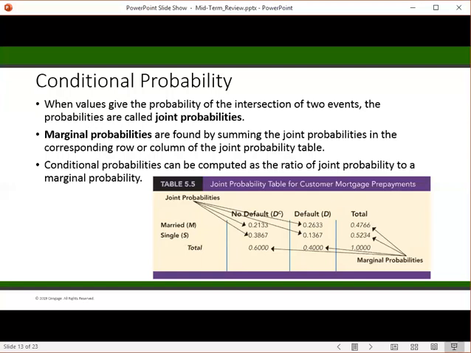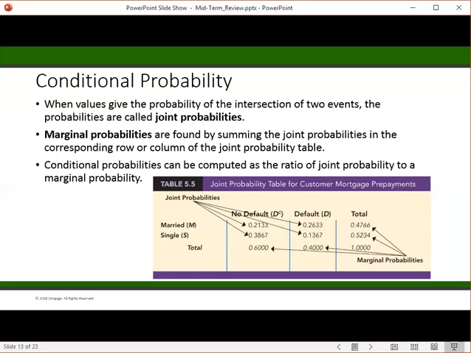So here we've got two dimensions. The top along the columns is does a person default or not default on a loan? And then in the rows, we have the dimension of marriage, the values being married or single.